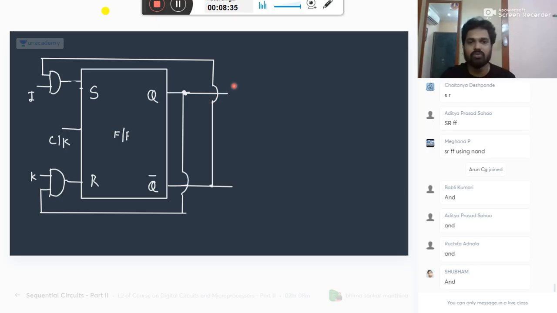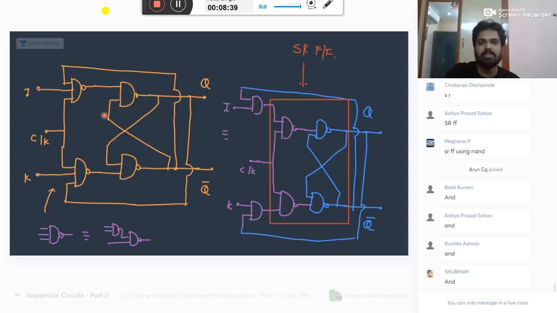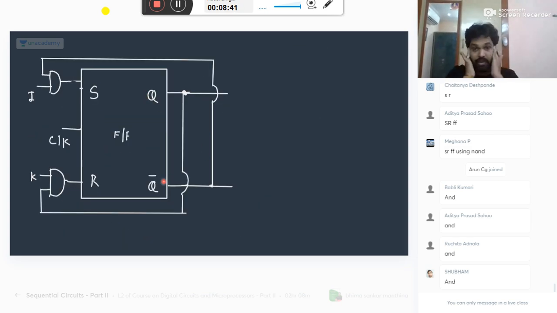So this will give you the JK flip-flop figure. This figure can be simply replaced by this to make your analysis easy.